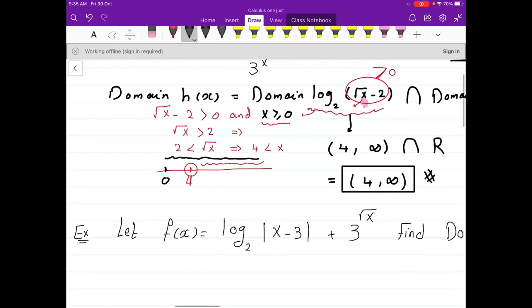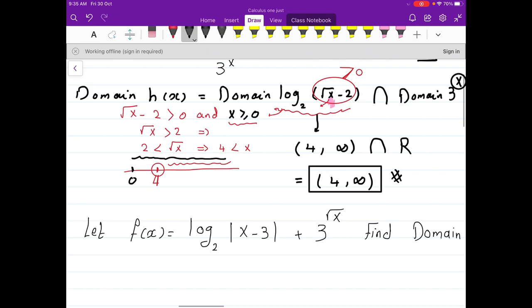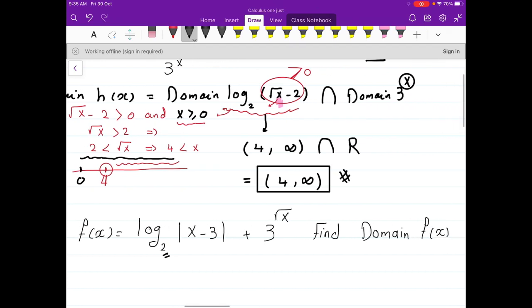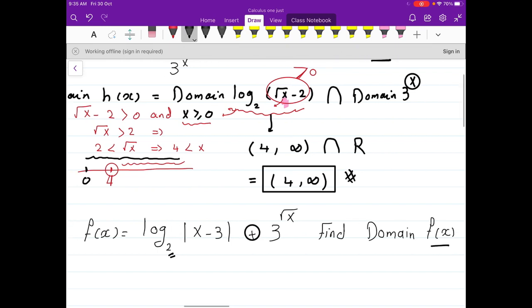If we define another function, f of x equals log of the absolute value of x minus 3 for the base 2, plus 3 to the power the square root of x, find the domain of f of x. We have the operation of addition.